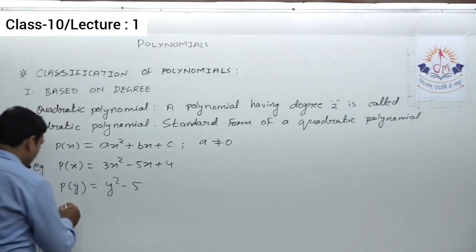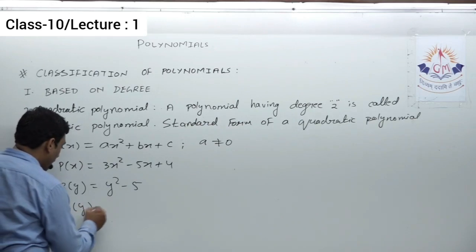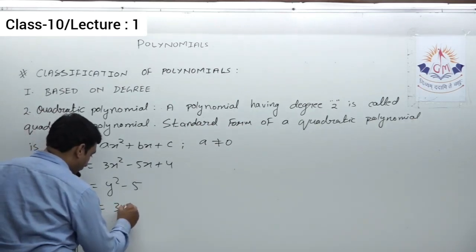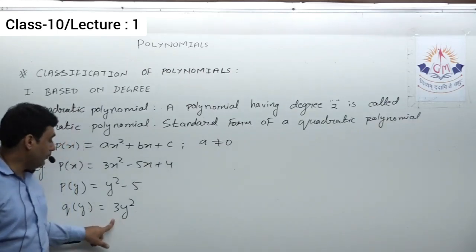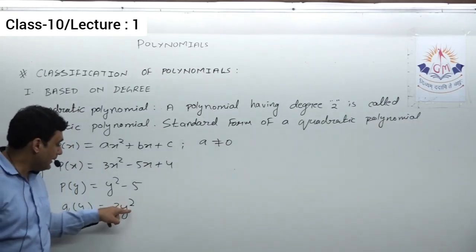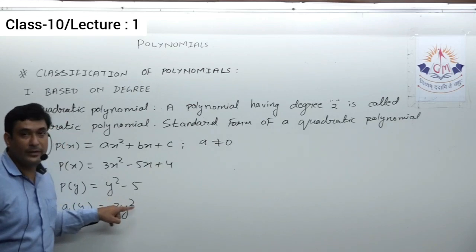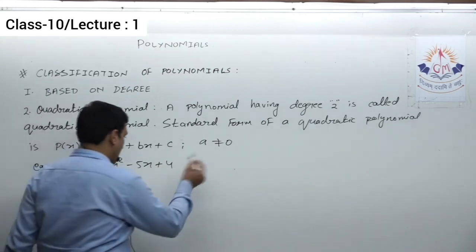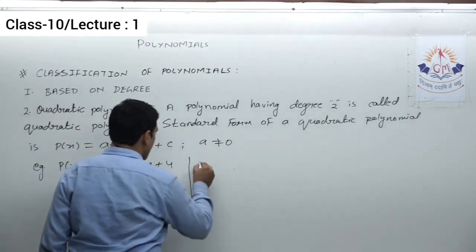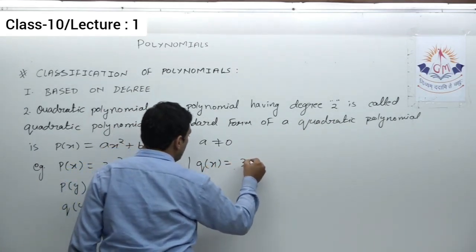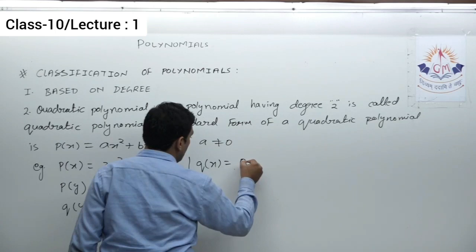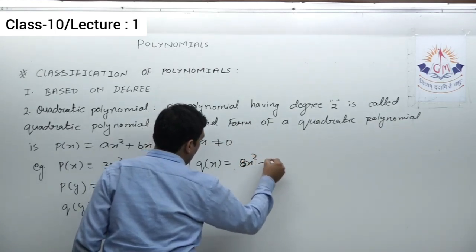Okay, now next is q(y) = 3y². This is again a quadratic polynomial. It has only one term, but the only thing is that the maximum power of the variable is 2, so it's a quadratic polynomial. I can write one more example. Suppose I write q(x) = 8x² - x.